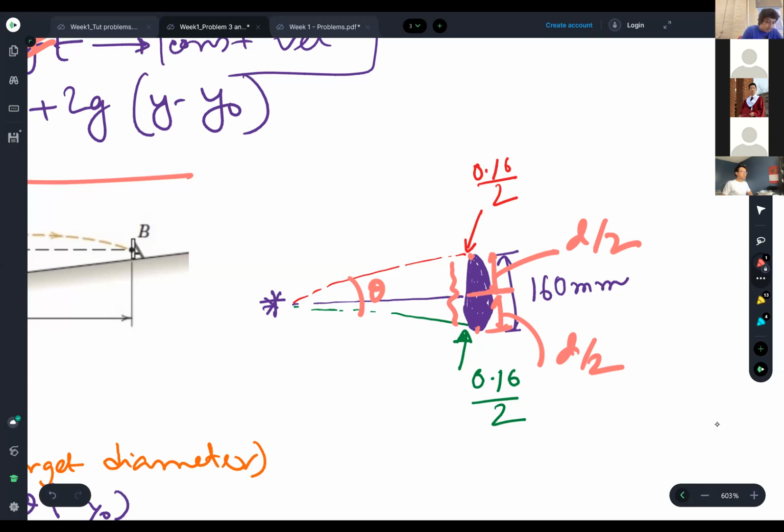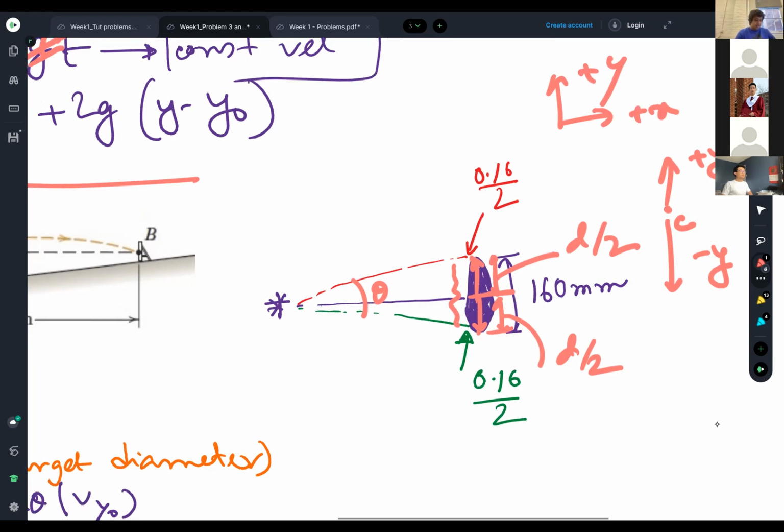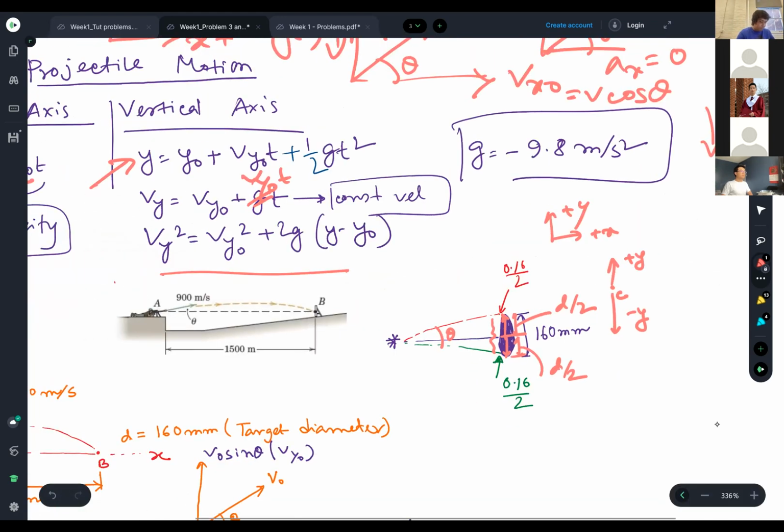From the center to the top it's half, and from the center to the bottom it's also half. Bearing in mind, going from the center to the top is plus y, and center to the bottom is minus y, since we set our coordinates as plus x and plus y. Okay, so let's go back to our problem.